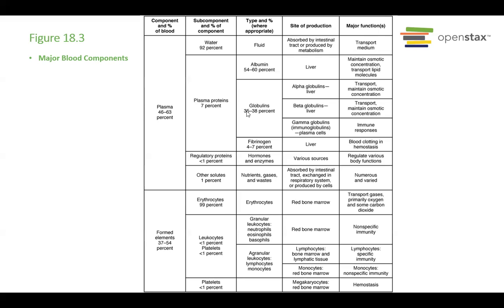There are globulin proteins. These globulin proteins are very important for the immune system because these are the antibodies. These are the very important antibodies that defend you, made by B lymphocytes. In the immune system, we have T cells and B cells. T cells are like soldiers. They have weapons, they have rifles.